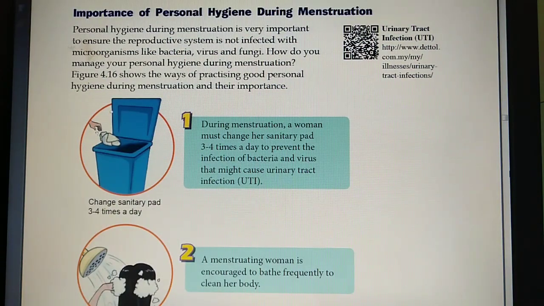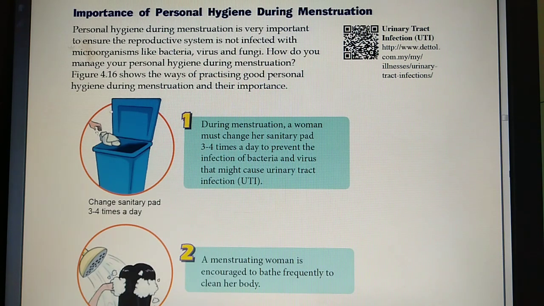During the menstruation process, a woman has to take care of her personal hygiene to make sure she doesn't get infected by microorganisms like bacteria, viruses, and fungi. Why must we take care of personal hygiene during menstruation?